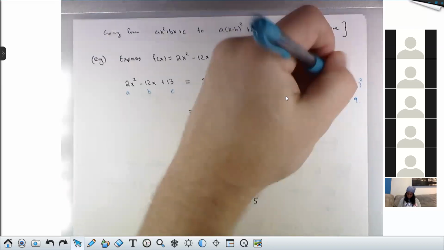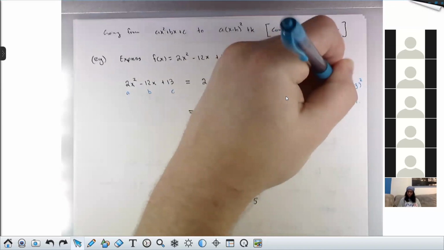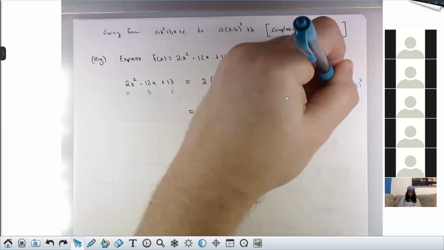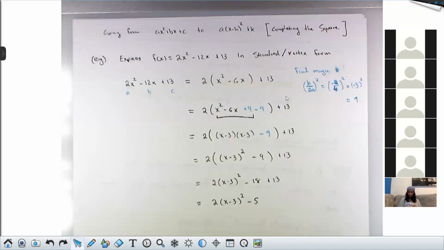Yeah, in fact, let me go ahead and write it like that. That way, this is all consistent. But it's the same thing, right? Negative 12 over 4 or negative 6 over 2. We're still going to get negative 3, which we need to square, which is 9. Okay, thank you. Yeah, of course.